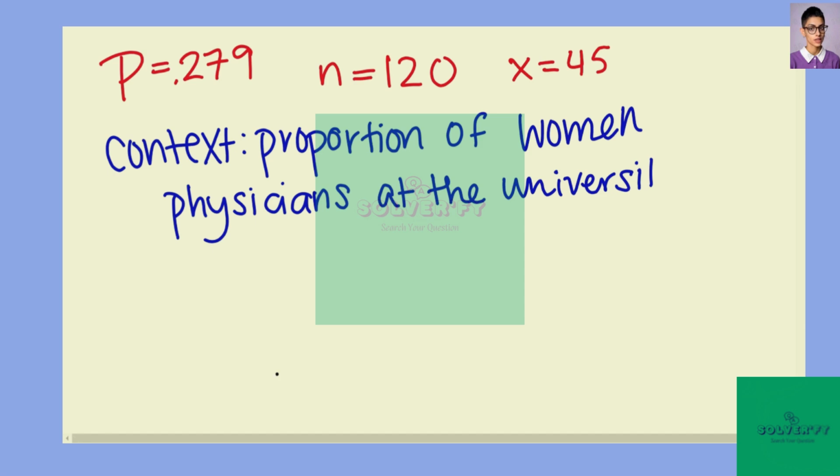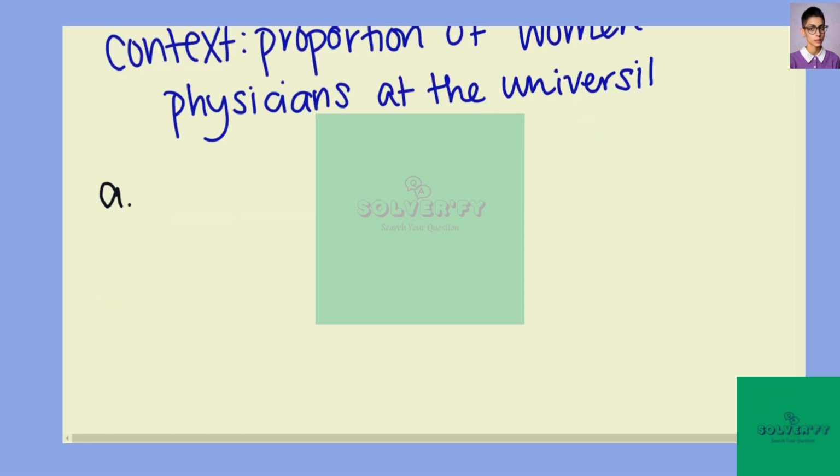So to start, we have to identify our claim and our hypothesis. So the null hypothesis, or the claim, is that the true proportion of women physicians at the university is equal to 0.279.